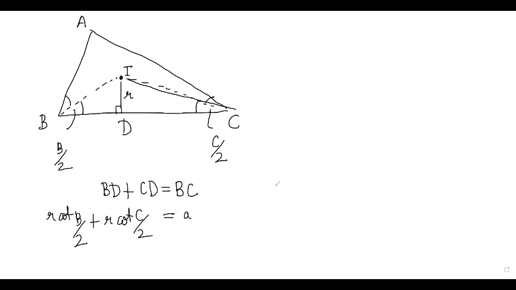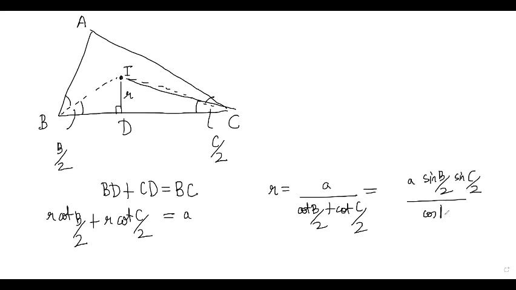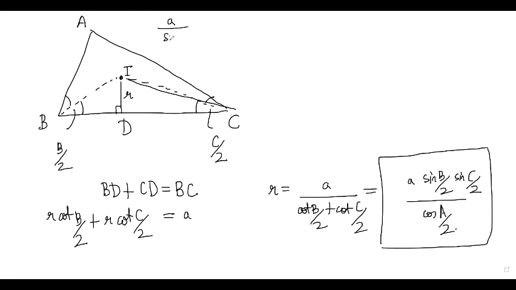After you simplify, you can take r common and get A divided by cot B by 2 plus cot C by 2. After you simplify this a little bit using basic trigonometry, you will get A sine B by 2 sine C by 2 by cos A by 2. This is what you get. Now we'll simply prove this by the sine rule. A by sine A is equal to 2R, where capital R is the circumradius, right?